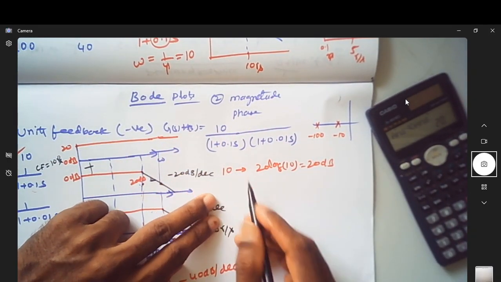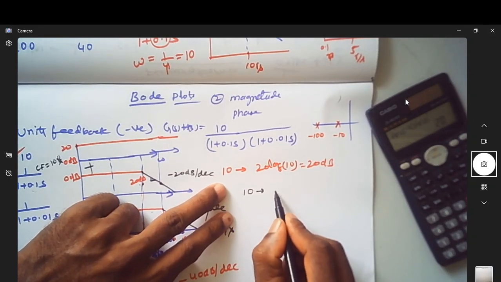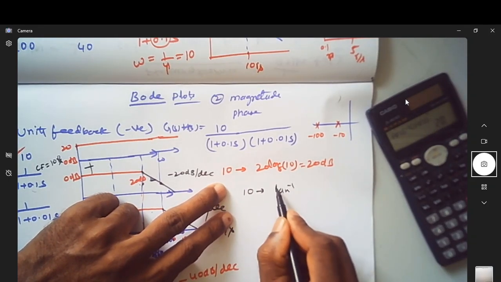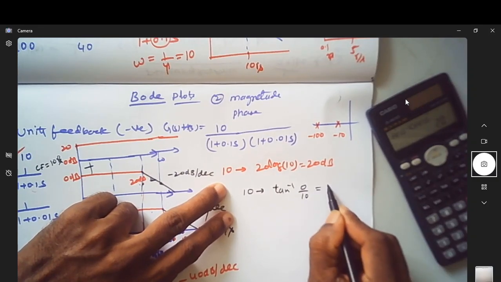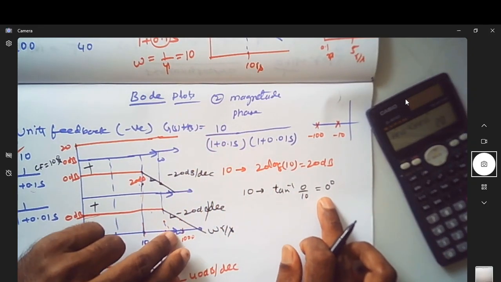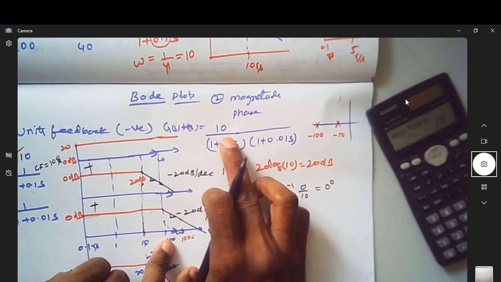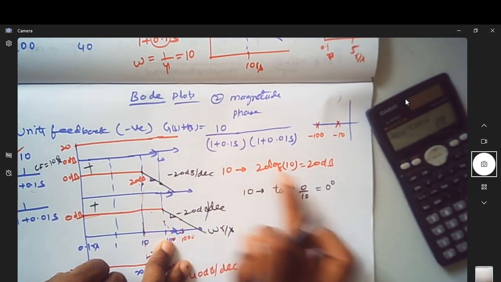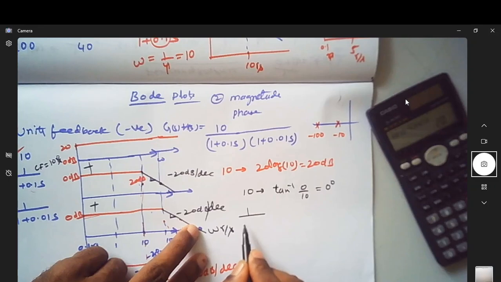Then what is the phase plot of this? If you want to write the phase of 10, is it not tan inverse of 0 by 10? This is actually 0 dB. So a constant term will never contribute to phase. This need not be done, but I am saying that constant terms will not contribute any phase. Now consider the term which is 1 over 1 plus 0.1 s.